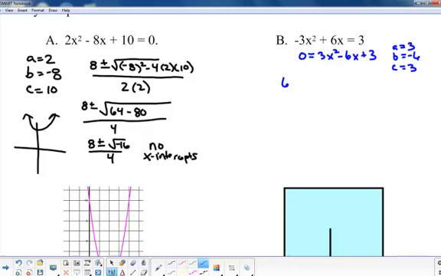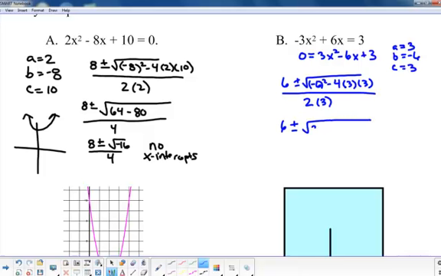So negative B plus or minus square root B squared minus 4AC divided by 2A. So 6 plus or minus square root of 36 minus 3 times 3 is 9, and 9 times 4 is 36.